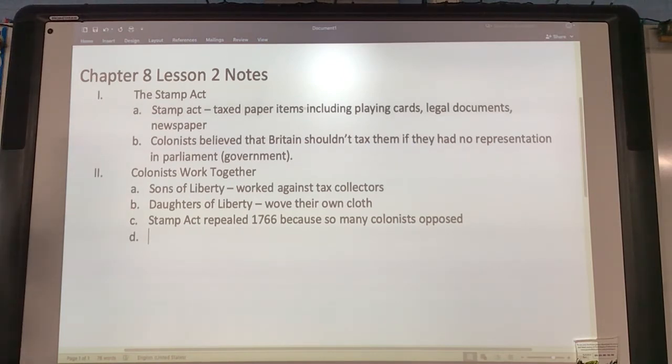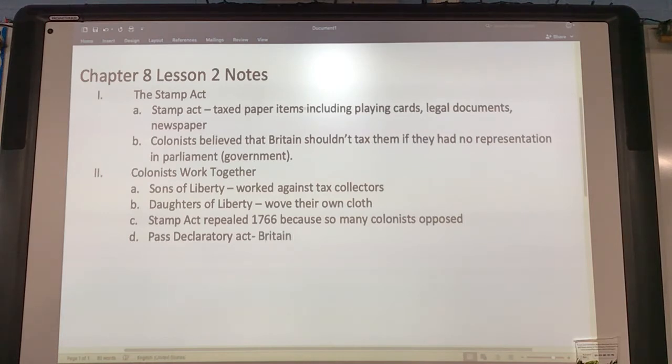What do they tell them, Kenny? They passed the Declaratory Act, which states what? What does it say? That Britain had full power to make laws for the people of America in all cases.